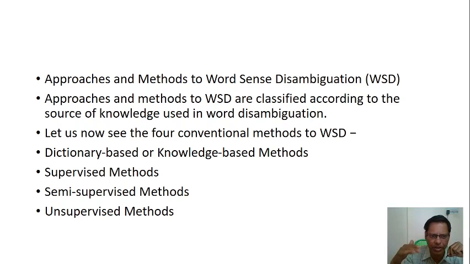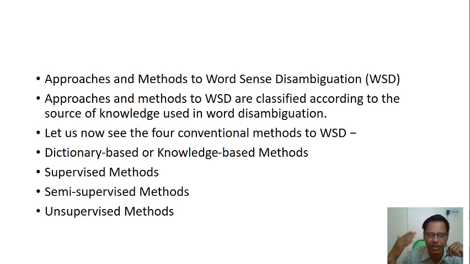Supervised methods involve an internal process before the display of any word or statement, so that based on the structure of the statement or the environment, it decides which word to display. Semi-supervised is more about the correctness of the method that is going to be displayed.